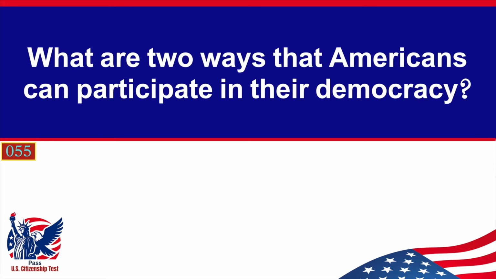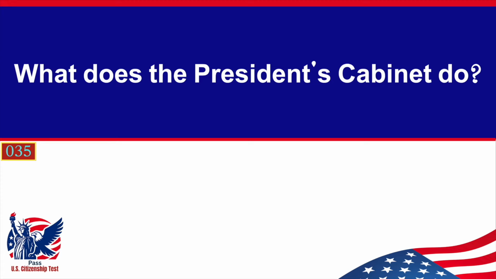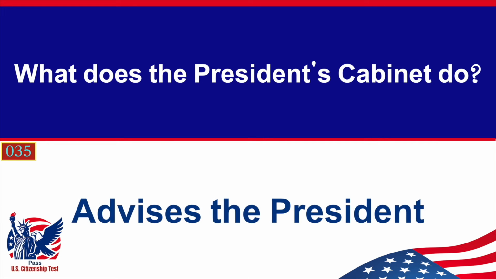What are 2 ways that Americans can participate in their democracy? Vote. Join a political party. What does the President's Cabinet do? Advises the President.